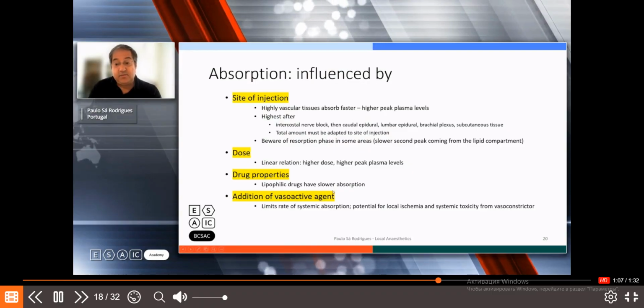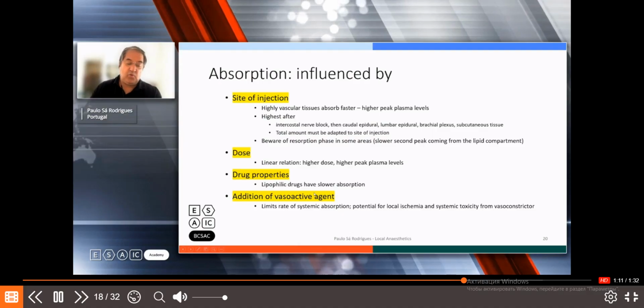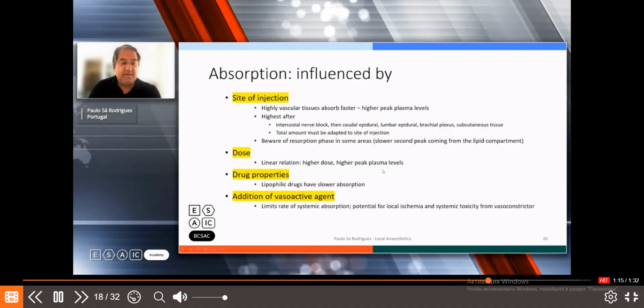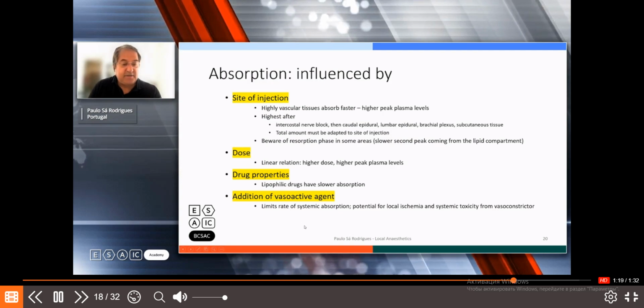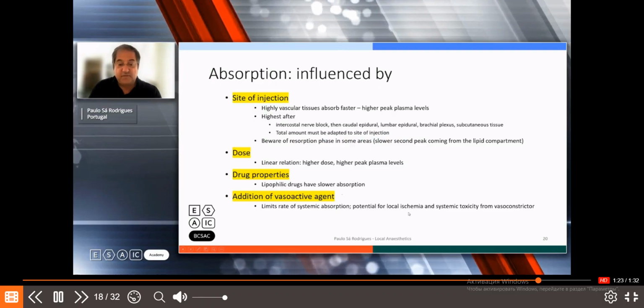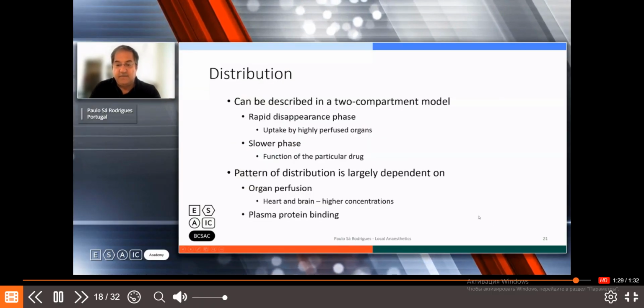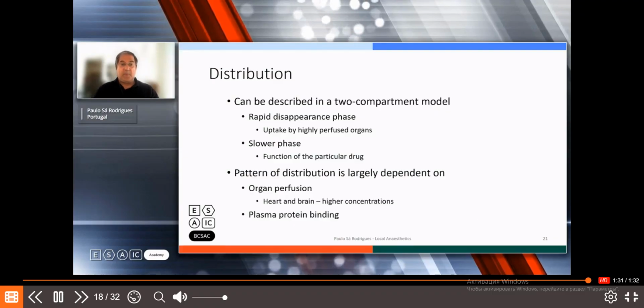Lipophilic drugs will have a slower absorption because they will be more taken up by the cells. The addition of vasoactive agents like adrenaline will limit the rate of systemic absorption, but of course there is the potential for either local ischemia or systemic toxicity from the use of the vasoconstrictor.